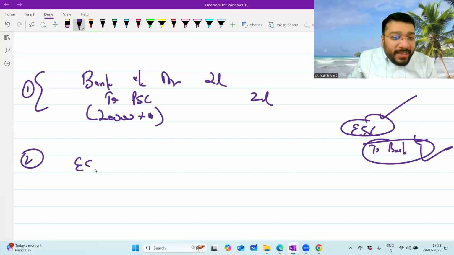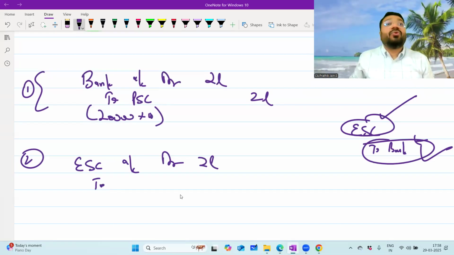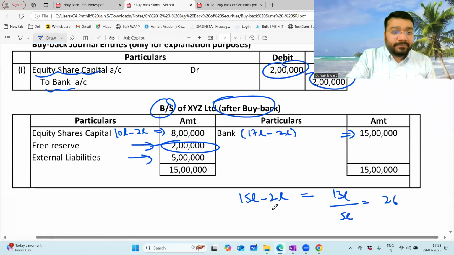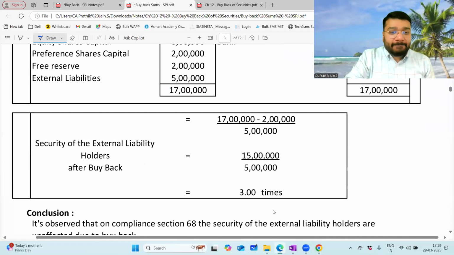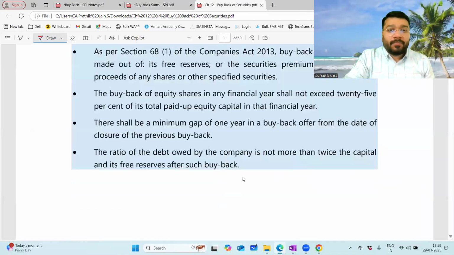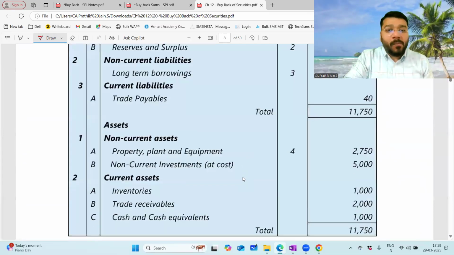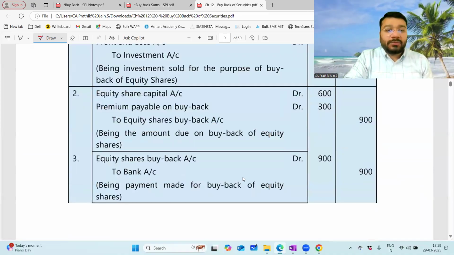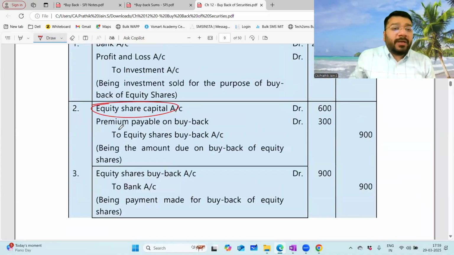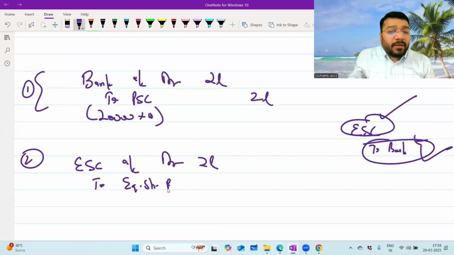So now, equity share capital account debit, how much? 2 lakh, to equity share buyback account, for buyback of equity shares. Any problem? Equity share buyback 2 lakh.